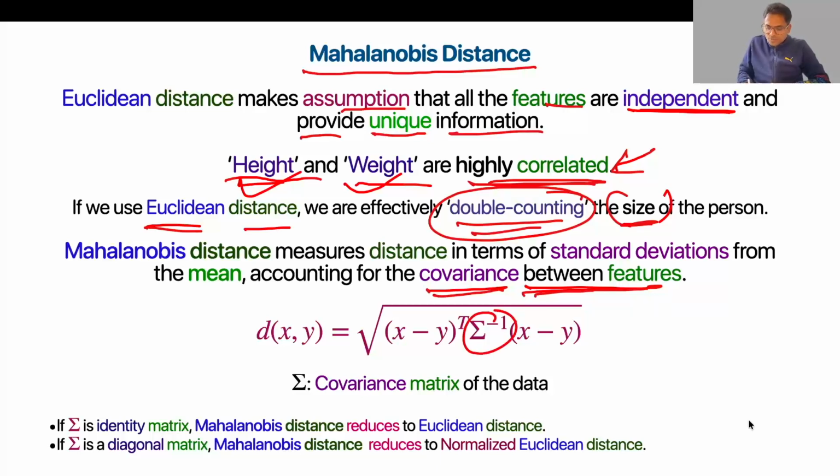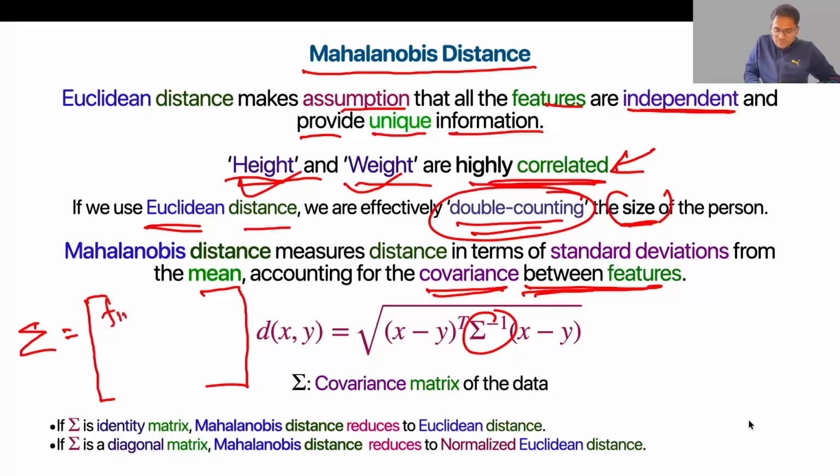So we have a covariance matrix. Say you have features; this will be like the variance of F11, F22, F33, like that till FDD. All the diagonal elements will be the variance, and here it will be like F12, F13, till F1D, and here F21, F23, and like FD1, FD2.